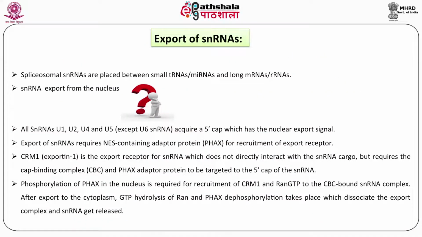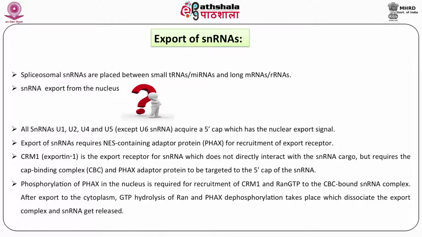Now coming to the export of snRNA. These are spliceosomal RNAs which participate in the removal of introns from pre-mRNA, and they are placed in between small tRNA, miRNA and long mRNA or rRNAs.